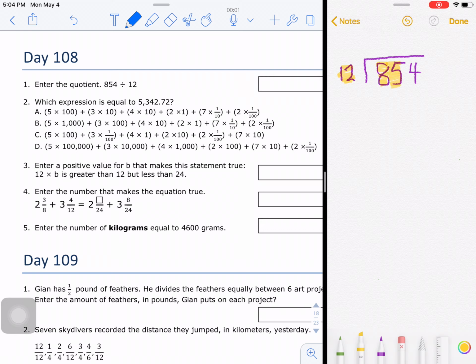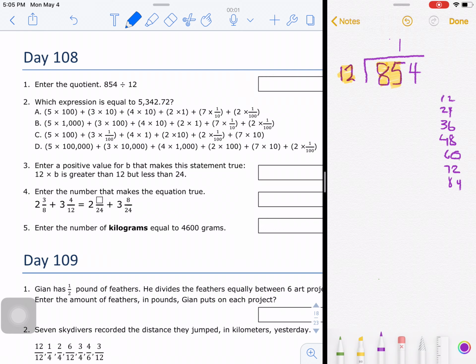And so 12 goes into 85 if I counted by 12s: 12, 24, or if you know your times tables, you could do your times tables with that. So 84 is as close as it gets without going over.